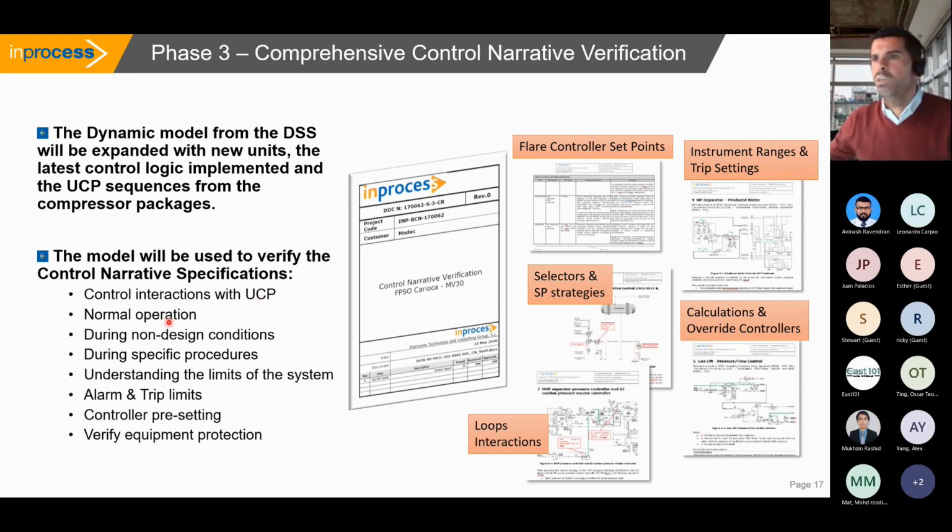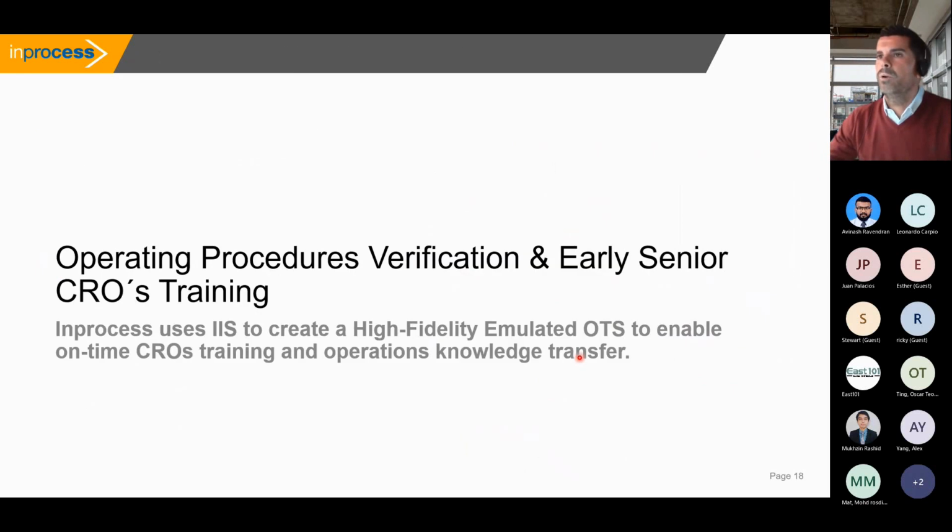During normal operation, during non-design conditions, during specific procedures. This is the kind of findings that we have, because again, an FPSO is a clear example of a puzzle of different external vendors that provide different packages with different logics and need to work together, right?